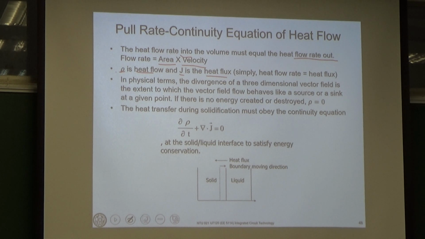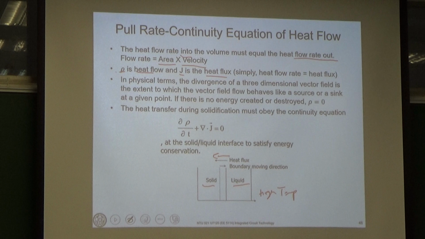Let's see these figures. For example, here is a solid silicon, and this is a liquid silicon. Here we have a higher temperature, so the heat will flow from right to left.